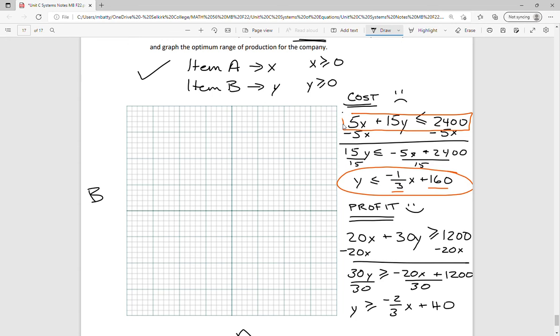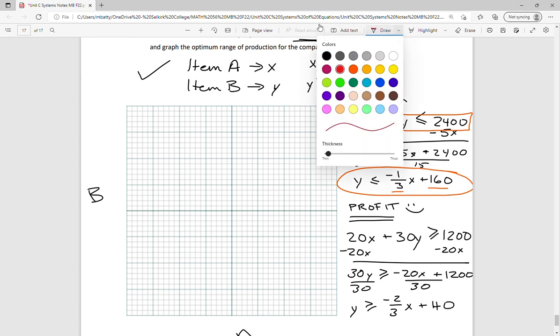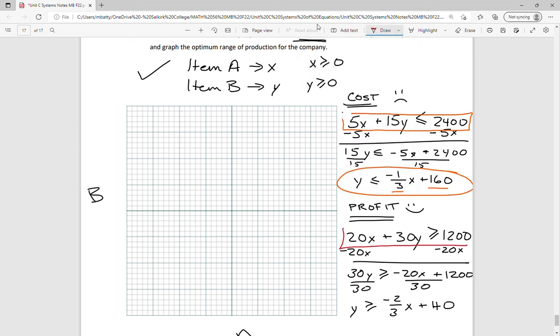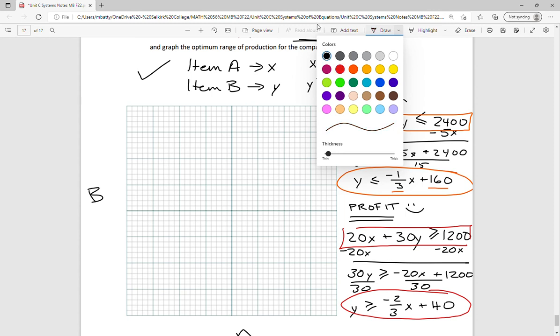So if I do the same thing here, I've got my constraint and I've put that constraint in mx plus b form. I'm going to have to go up to at least 160 on my axes here.